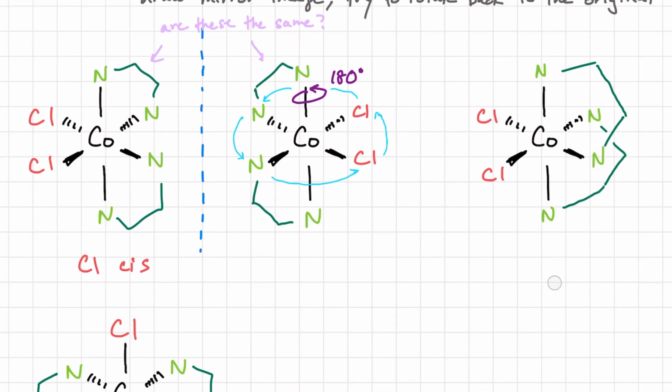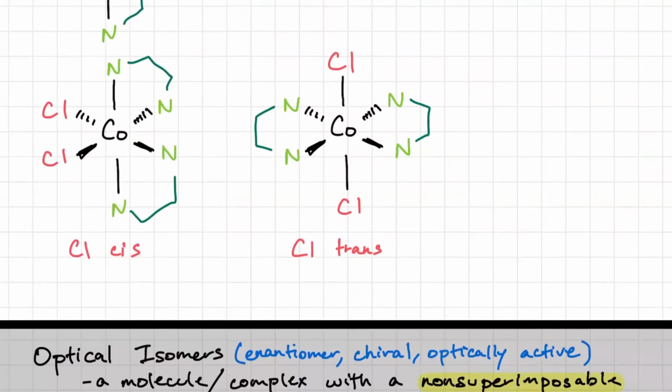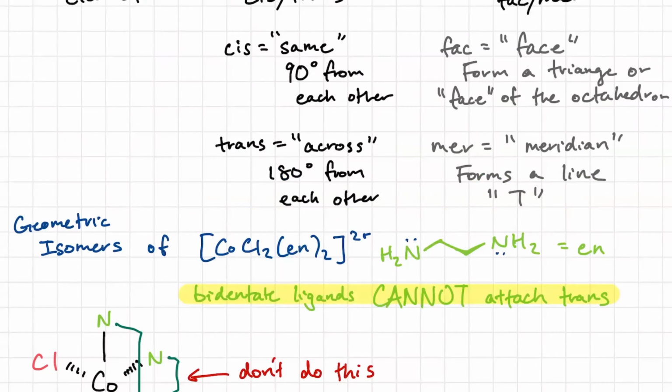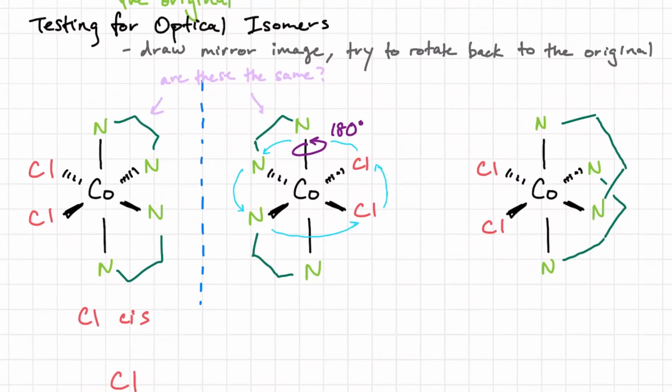Why don't you just draw it like a curve? Like that. You can draw it like a curve. The reason I'm drawing it like a bend is because ethylene diamine has some bends in it, so I'm just trying to be accurate there. I don't think she'll dock off points if you just draw it like a curve, though.